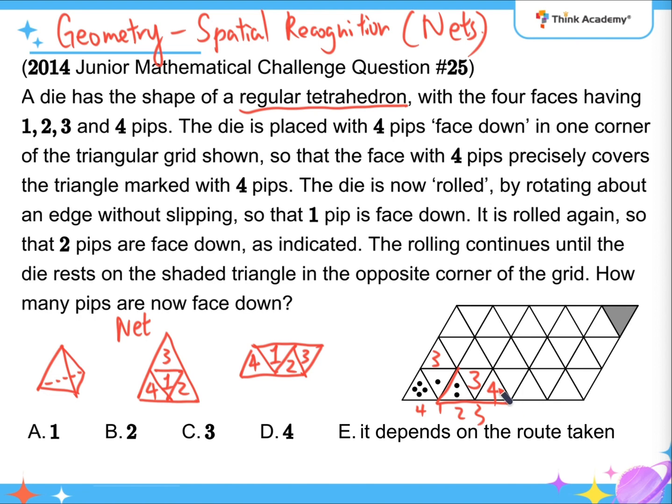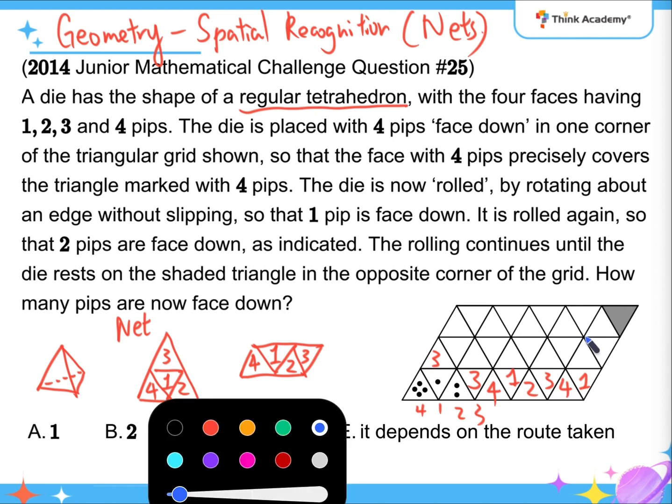And if I have 2, 3, 4 in a row, the missing one must be the missing number 1. So following that logic, we have 4, 1, 2, 3, 4, 1, 2, 3, 4, 1. But then I'm stuck right there. How do I know which is the next number that goes into that blank?